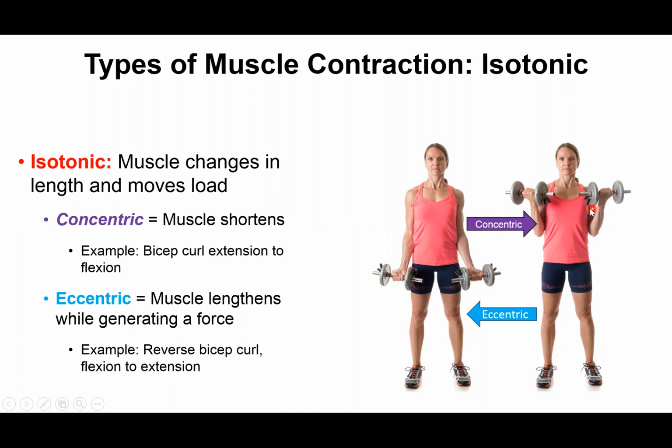In this case, as we lower our forearms, the biceps is going to be lengthening, but it's still generating that force because it's still supporting the weight that is in our arms here.